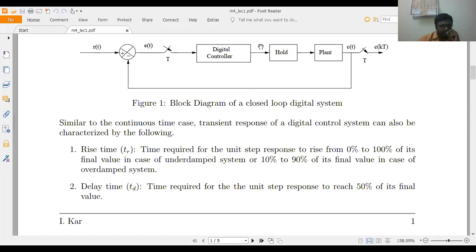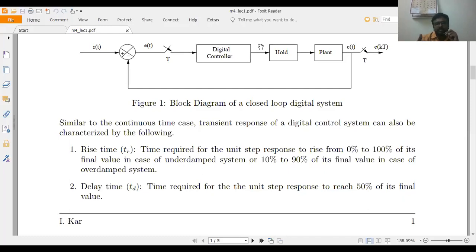That means rise time is going to be characterized in two scenarios: with respect to the underdamped system, or with respect to the overdamped system.